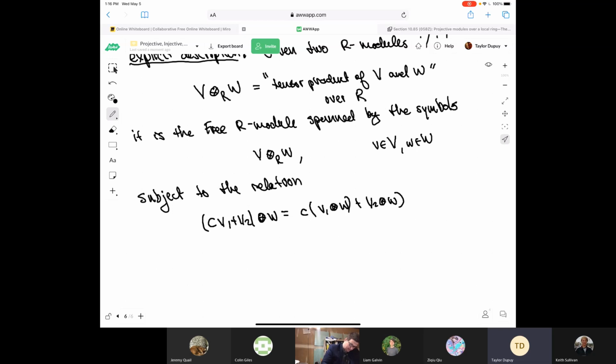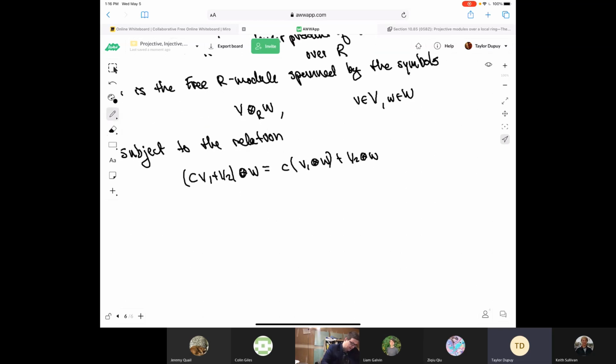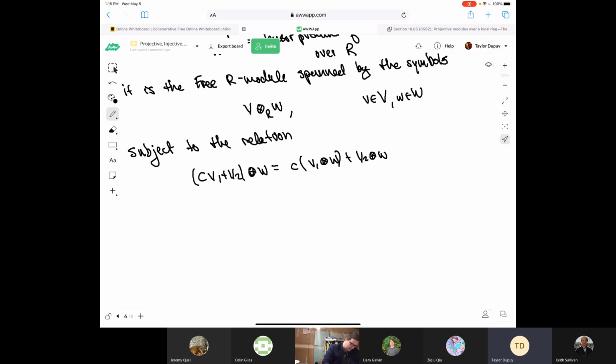And then we have v tensor c(w1 + w2). So it's just linear in the first and second vectors. You're just formally multiplying vectors. So this is c v tensor w1 plus v tensor w2.